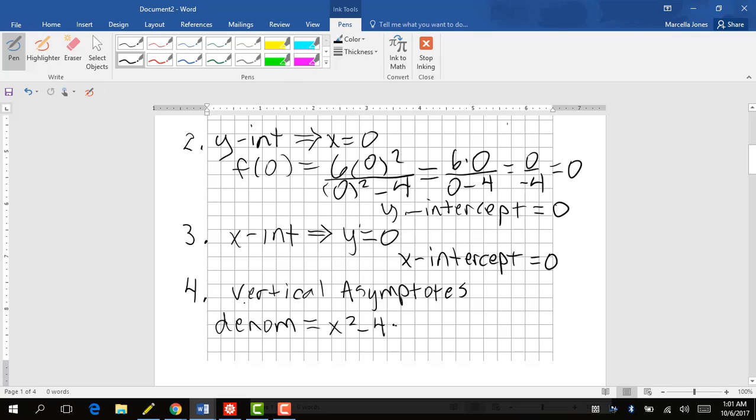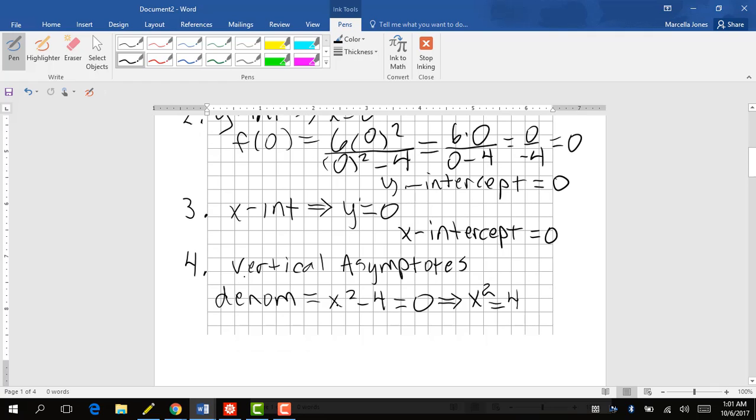Just because a value makes the denominator 0 doesn't mean it's a vertical asymptote, but in order to be a vertical asymptote, you have to make the denominator 0. So I set the denominator x squared minus 4 equal to 0. I'll use the square root property here. So x squared is 4, which means x is plus or minus the square root of 4, so x is plus or minus 2.